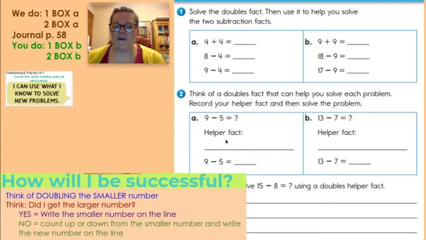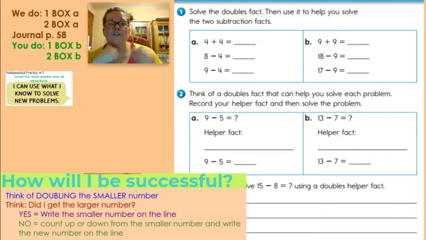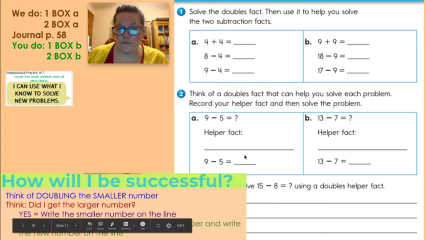So instead of 5 and 5, if we got rid of 1, that would be 9, right? So our answer has to be getting rid of 1 as well. So instead of doubling with a 5, you have to get rid of 1. So 9 minus 5 equals 4. So you can put 4 on this line right here, okay?